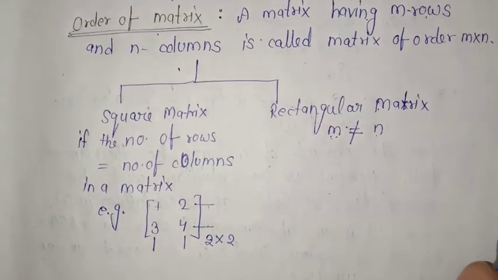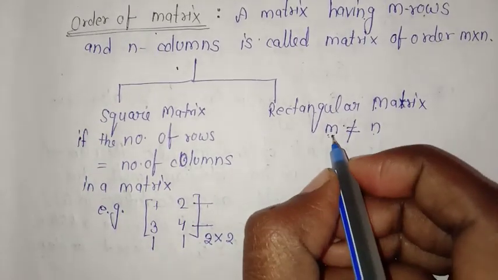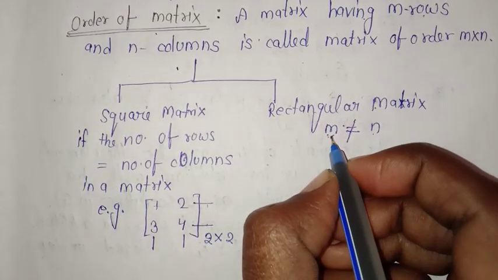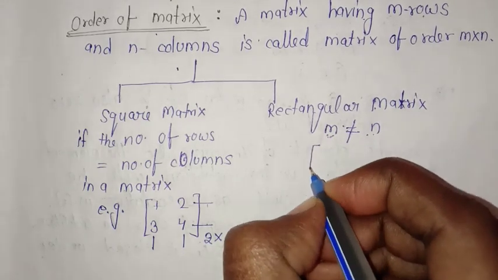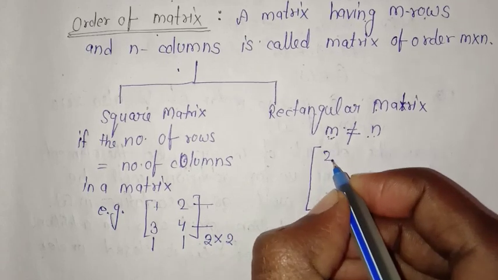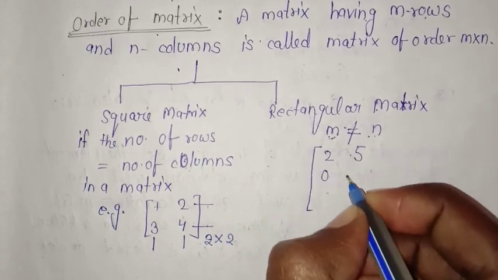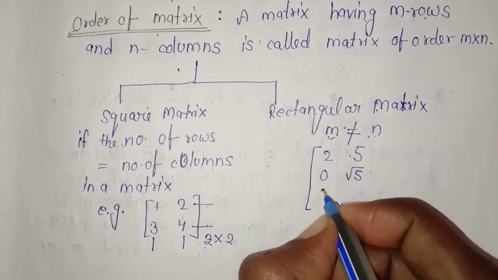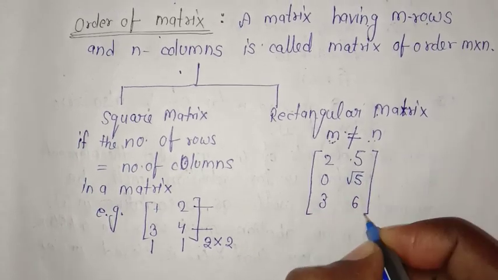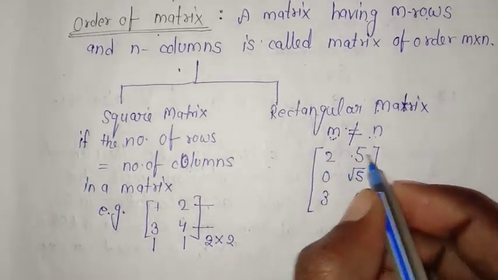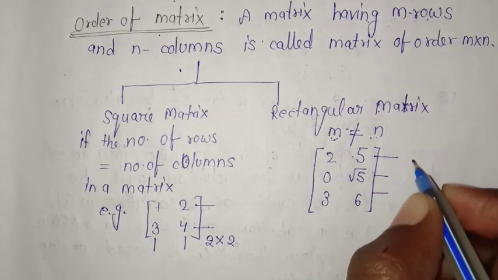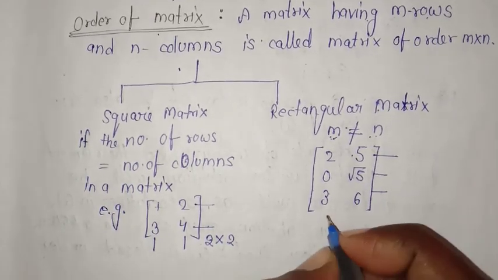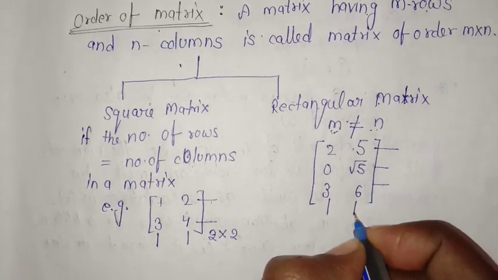Now, if we proceed to the rectangular matrix, in this case we take all those matrices whose number of rows is not equal to the number of columns. So, if I choose this matrix 2, 5, 0, root 5, 3, 6, then if you see the number of rows, 1, 2, 3, there are 3 horizontal lines, so the number of rows is 3. But the number of columns is only 2.